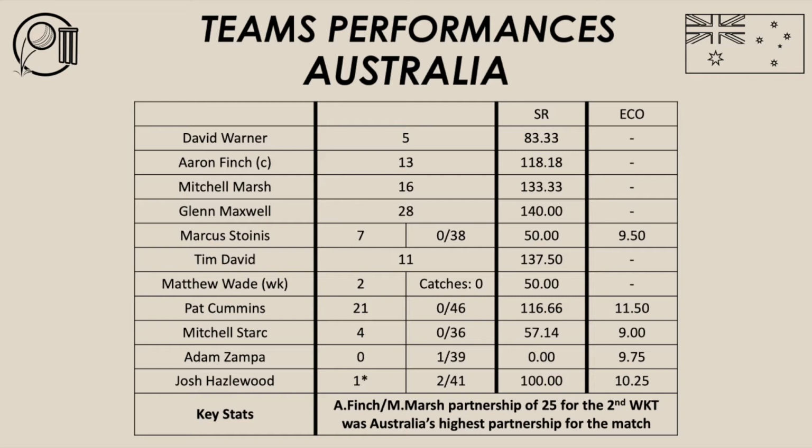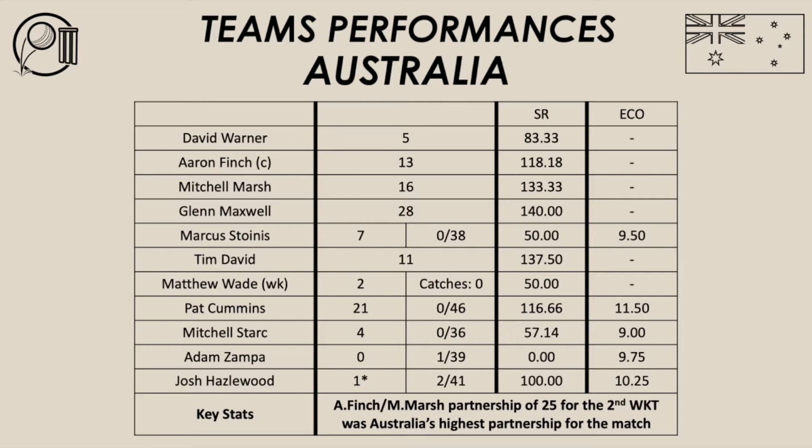And we saw that in this game against New Zealand, which doesn't really help when you're chasing a total of 201. By losing wickets in clumps and at regular intervals, what that does is put pressure on the rest of the batting order, like the batters Maxwell, Stoinis, David, and Matthew Wade.